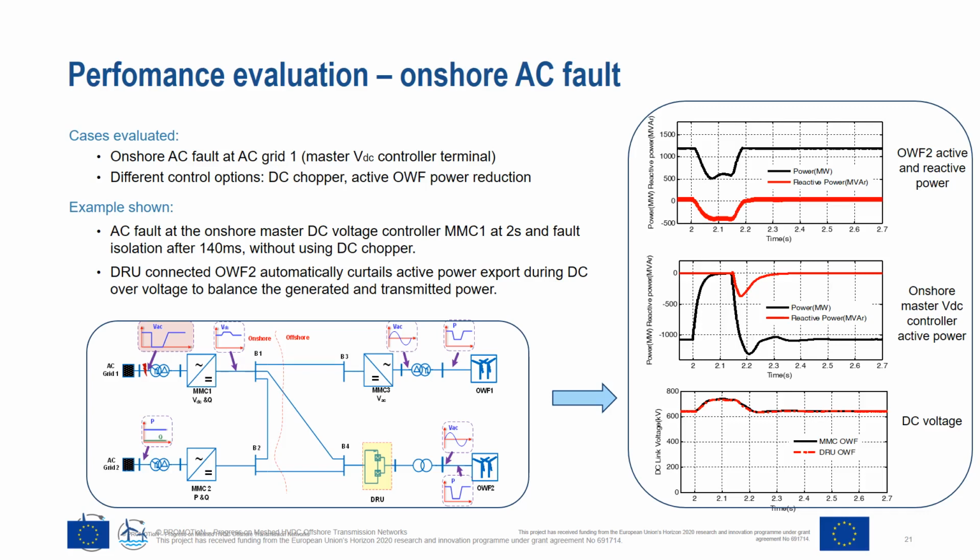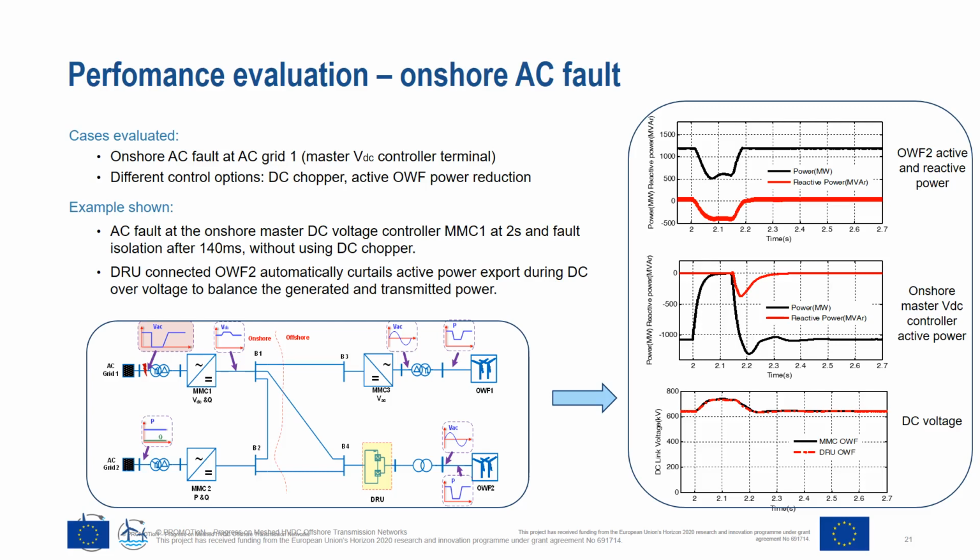So as you can see, for the example, when the fault occurs at 2 seconds, the master VDC controller will lose the ability to regulate the DC voltage. So the DC voltage rises. At the same time, when the DC voltage rises, the power transmitted through the DRU is automatically curtailed, as you can see from the top curve here.